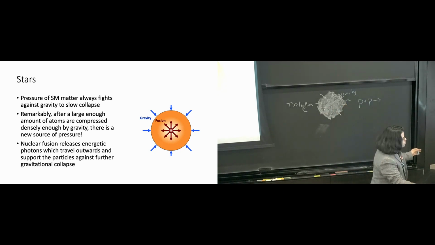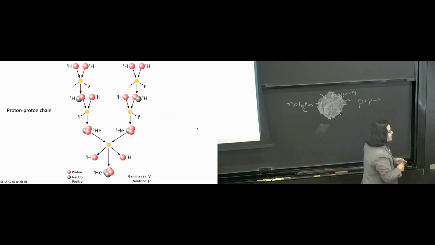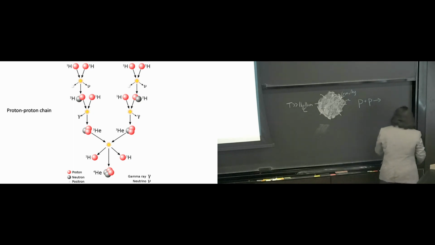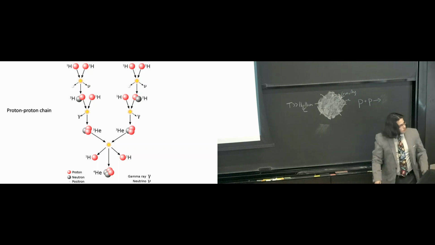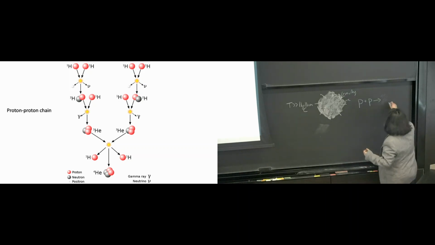And these nuclear reactions that occur at high enough temperatures, the primary one in relatively low mass stars, like the sun, is known as the proton-proton chain. What this does is it produces energetic e plus, helium.